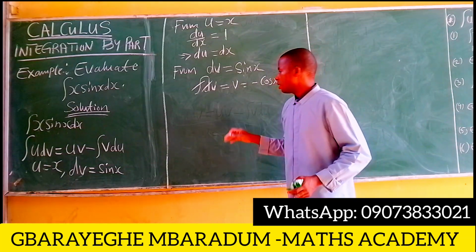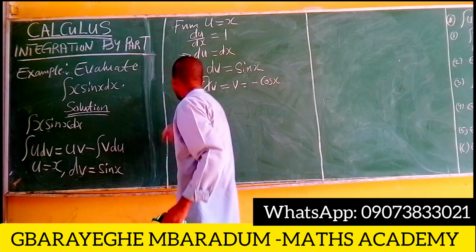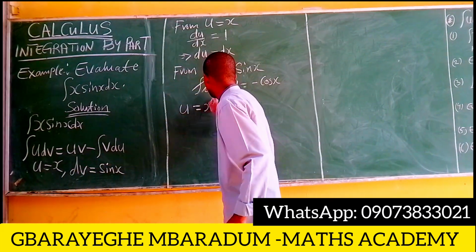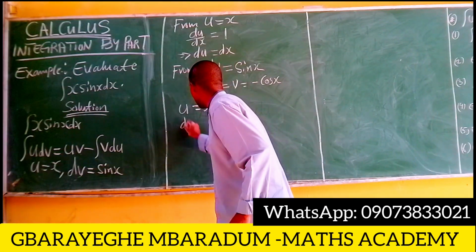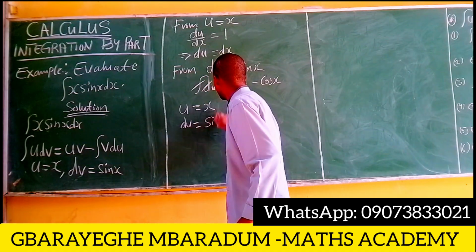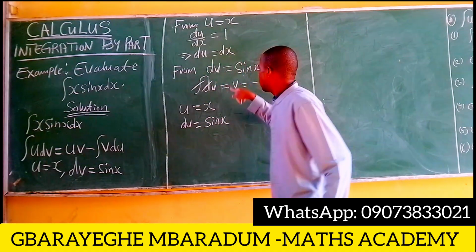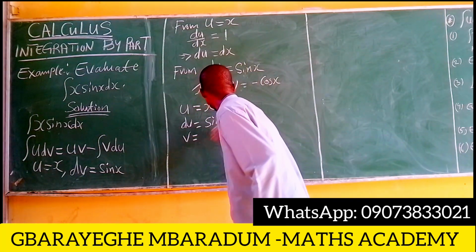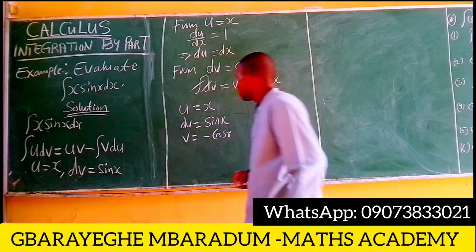Now we are getting all the parameters. We are getting our u as x, and we are getting our dv as sine x, and we are getting our v as minus cos x.